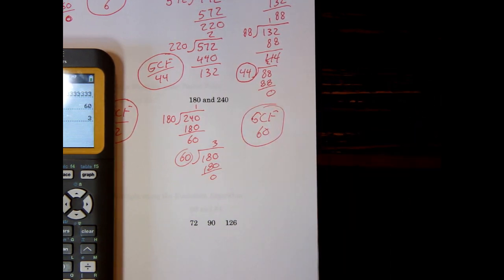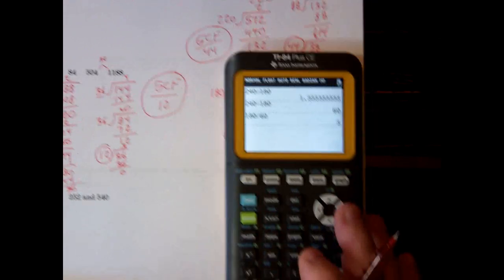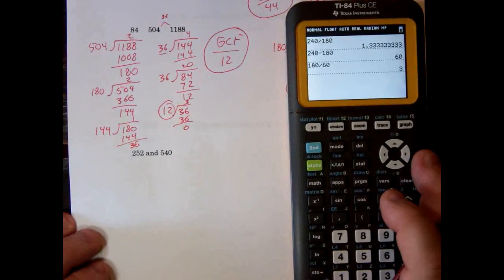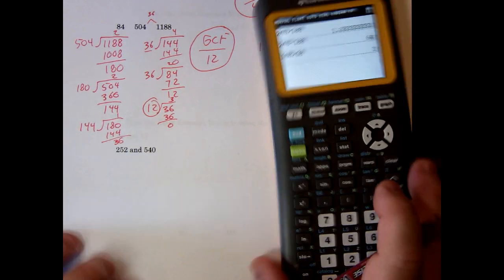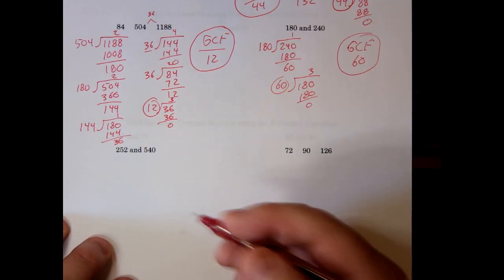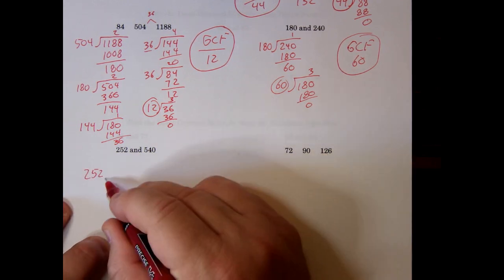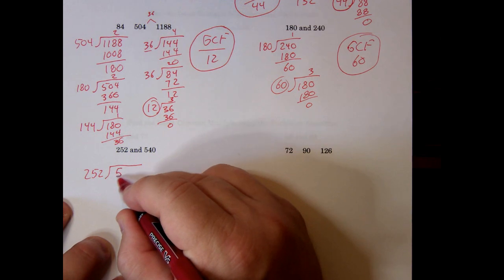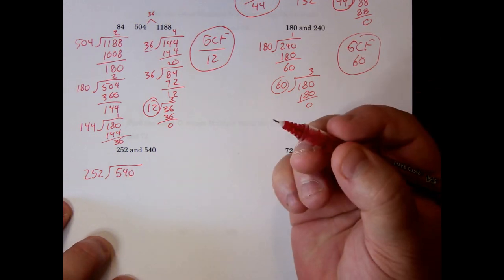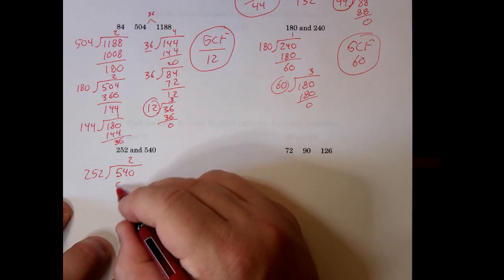All right, so do the same thing with 252 and 540. Try that out before I do it. Welcome back. How many times will 252 go into 540? You should have got 2 times, which is 504.